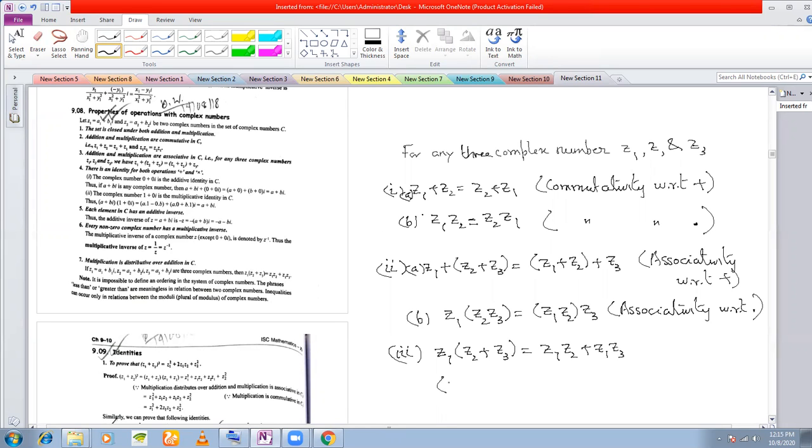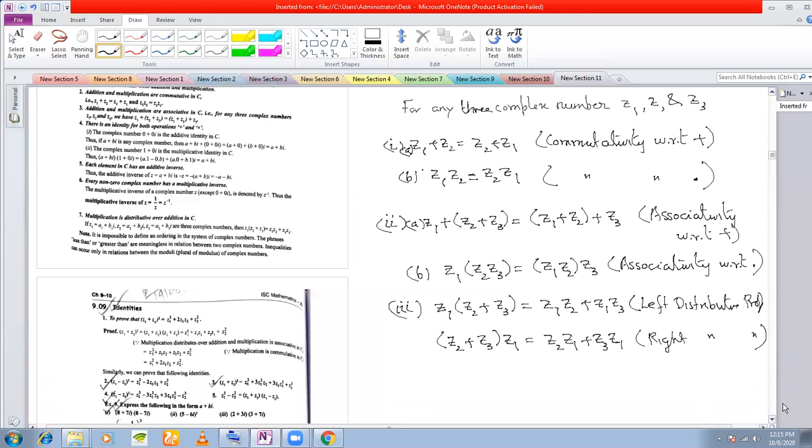This is called the left distributive property. Also, if you have Z2 plus Z3 into Z1, then you can write this as Z2 Z1 plus Z3 Z1. Okay, and this is called the right distributive property. These three properties of addition and multiplication of complex numbers you need to remember.